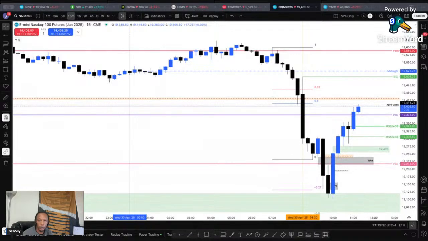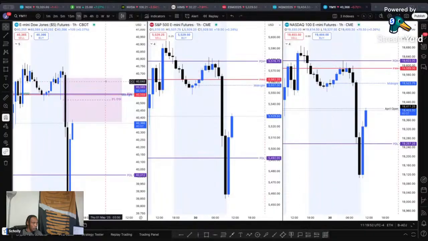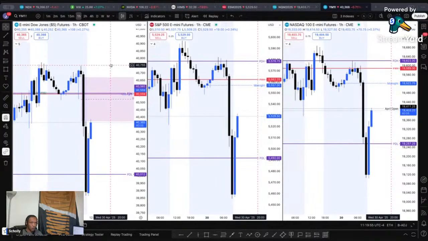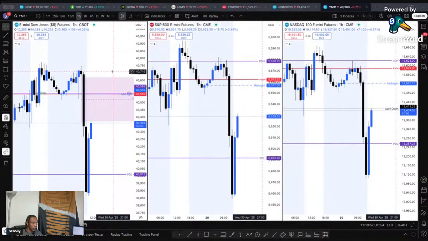We go up a little bit more, I'm gonna raise my stop. I'm gonna lock in this $100. Keep it moving. YM just touched the 1 hour gap, and it's 11:20, 11:19.